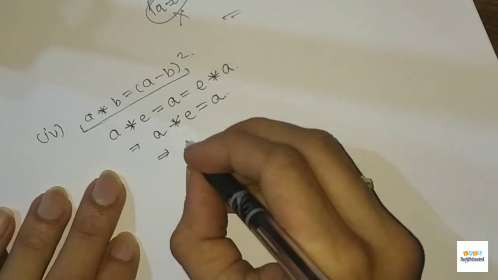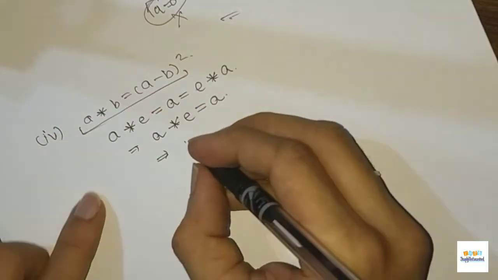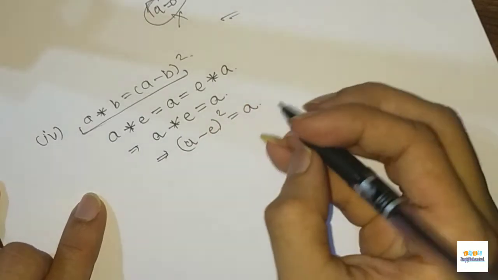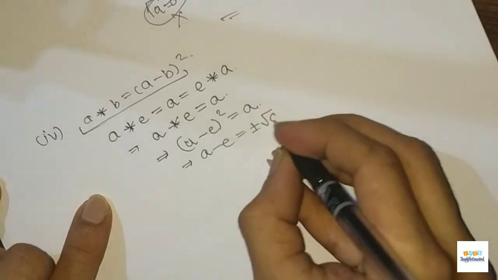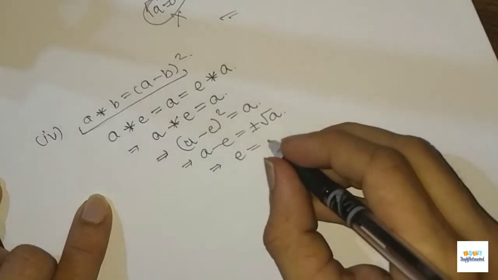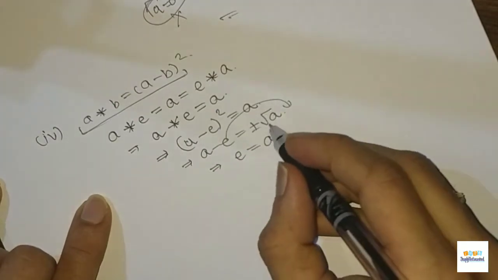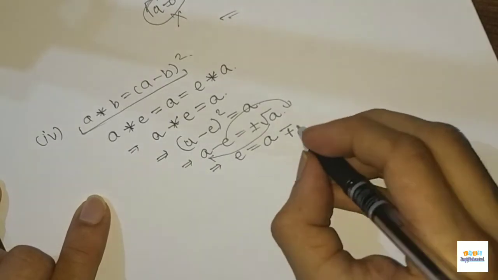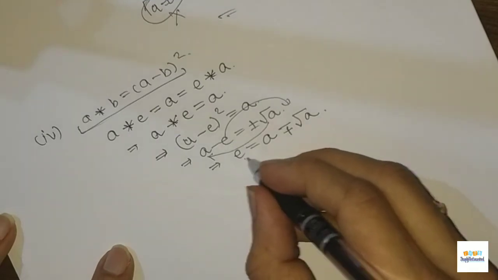So that means by the definition a minus e the whole square is equal to a, right? So that means a minus e is equal to plus or minus root of a, which is nothing but e is equal to a, taking e on this side, plus or minus a on the other side, so you'll get minus or plus root a, right? So again you see you are getting e in terms of a.